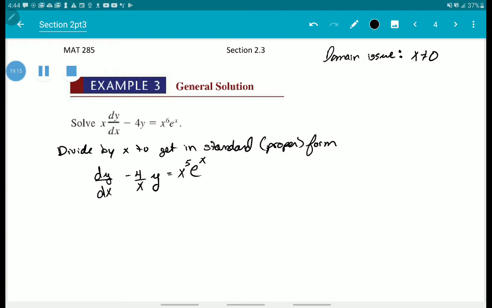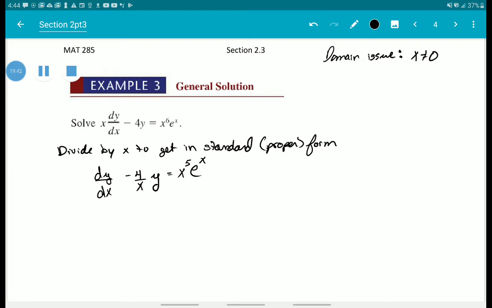Domain has to work for, I like to say, every piece of the problem. So anytime you start dividing by things to get it in standard form or proper form, anytime you get that final solution, you have to think about any kind of issues where the differential equation wasn't defined, which in this case it won't be defined at 0, or issues where the solution may not be defined. So we're going to keep that in mind as we go through the process.